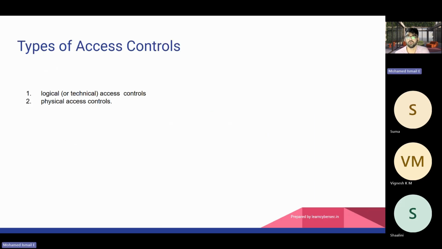Primarily, access control is split into two areas. One is logical or technical access controls. When I say logical or technical, I mean most of the system-related access controls, whether it's a firewall or any other computer network equipment. Wherever you see access control there, that falls under logical or technical access control.